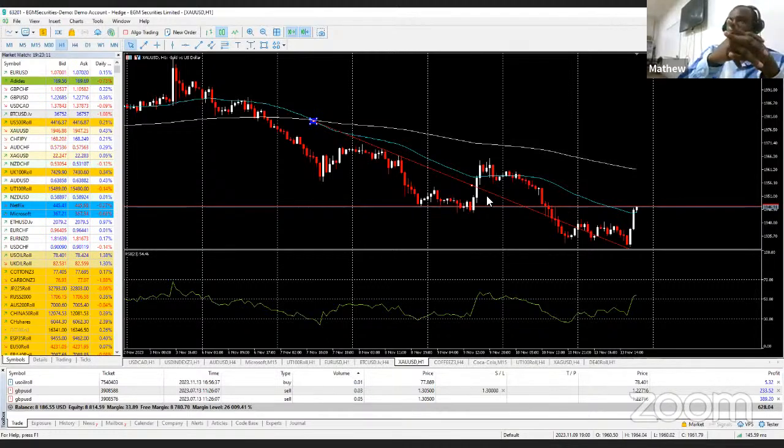Also, we've said that the 50 and 200 act as support and resistance areas. So anytime there's that encounter with the 50 or the 200 EMA, we could see a potential reversal of the market. So maybe let's look at some questions that you could be having.